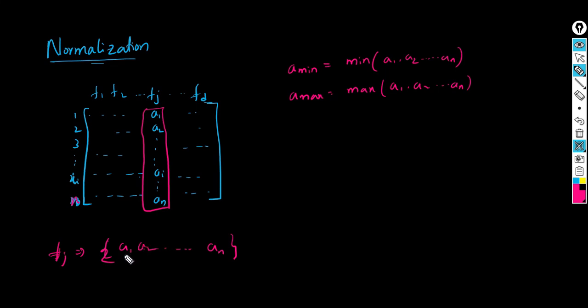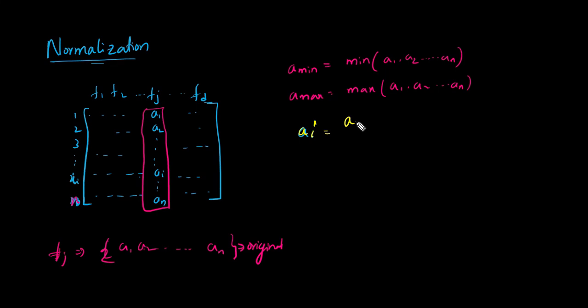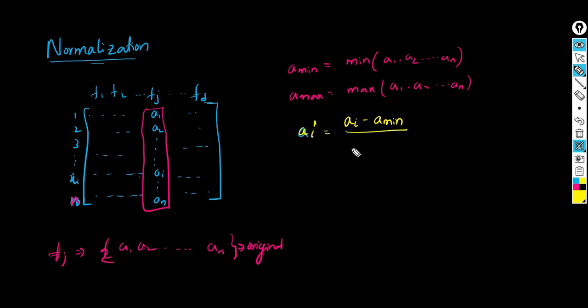We have the original values, these are the original values, and by normalization we convert them like this. For any ai, ai bar is equal to ai, the actual value, minus a min, the minimum value that we got here, divided by a max minus a min.